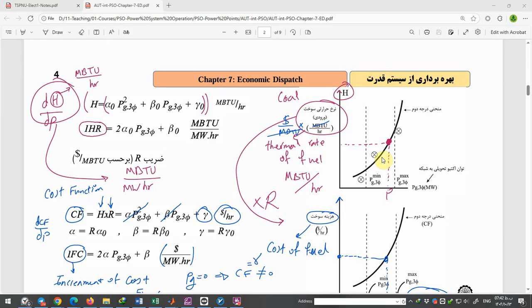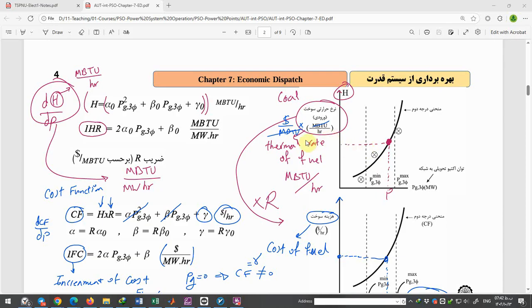For example, Siemens gives you this curve to determine how much fuel you need to generate active power. The vertical axis is megaBTU per hour needed to produce, for example, active power P.